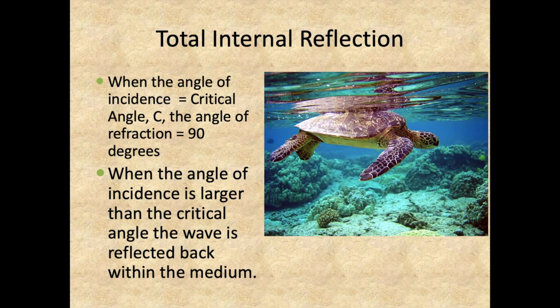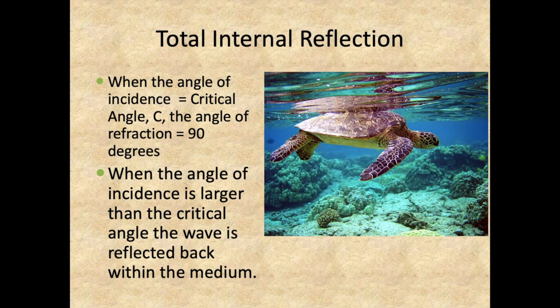All right, talking about total internal reflection: when the angle of incidence is equal to the critical angle, the angle of refraction is 90 degrees. So the critical angle is the name of the angle of incidence which causes the angle of refraction to be 90 degrees. That means it's the limit of light not being able to get out to the free medium.